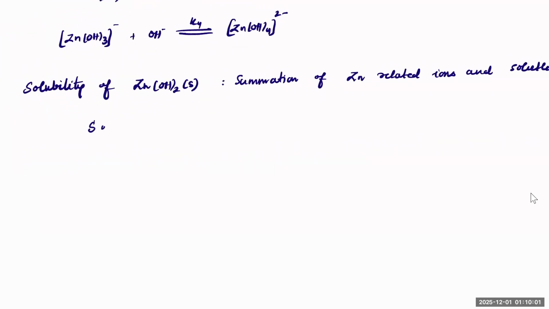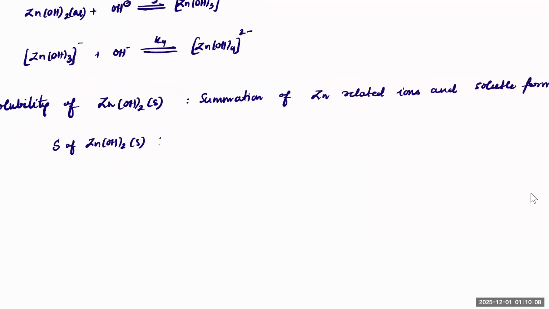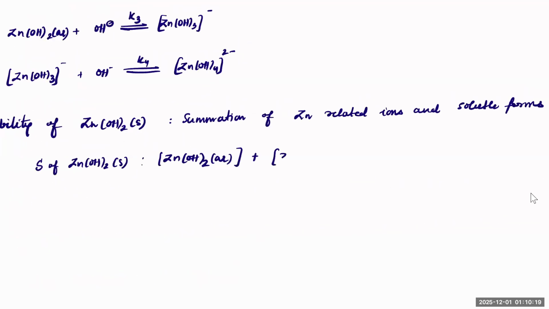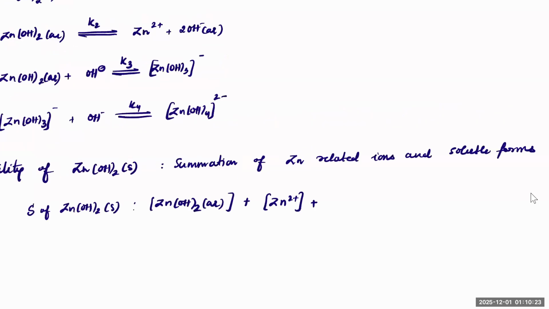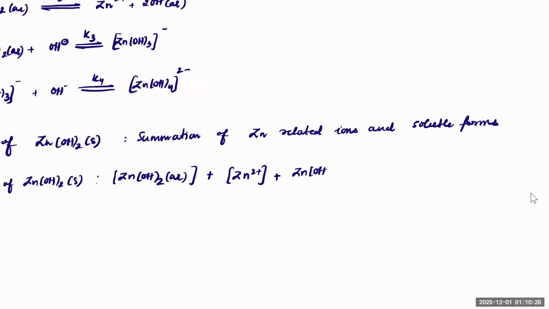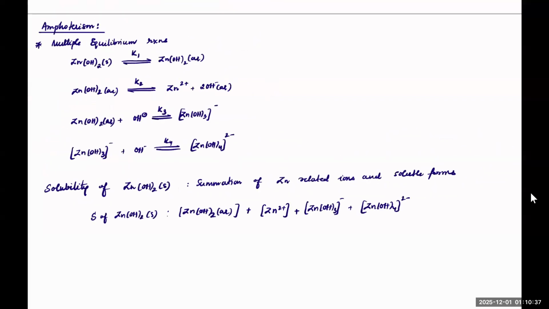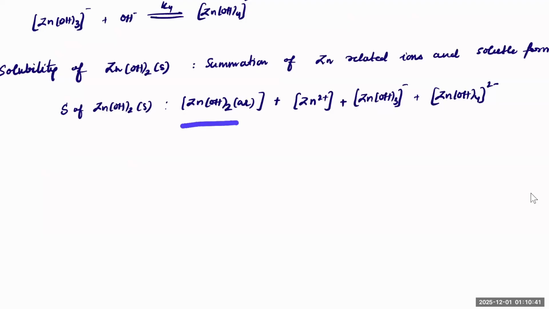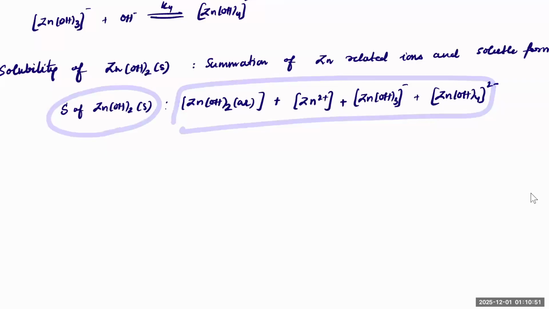The solubility of Zn(OH)2 solid will be equal to the concentration of Zn(OH)2 aqueous, plus Zn2+ concentration, plus Zn(OH)3- concentration, plus Zn(OH)4 2- concentration. The point is that every zinc form in ionized or dissolved form in the solution, the total sum, is what we call the solubility.